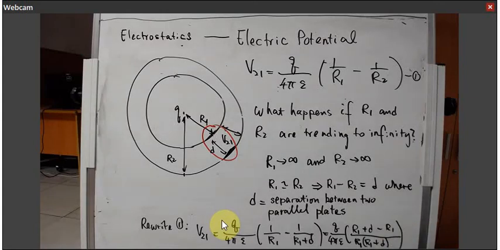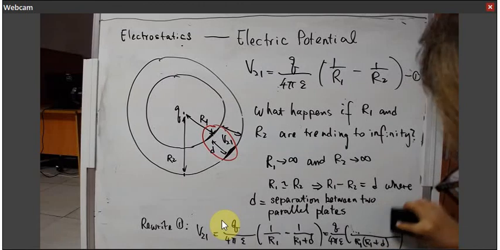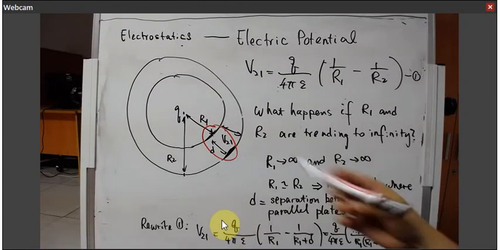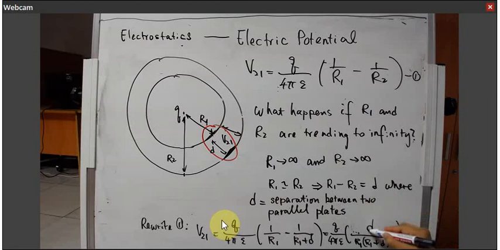Now, let's take a look here. R1 and minus R1 will cancel out with each other. So the top expression, the numerator here, will become D. And how about the bottom expression here? R1 is very, very big.